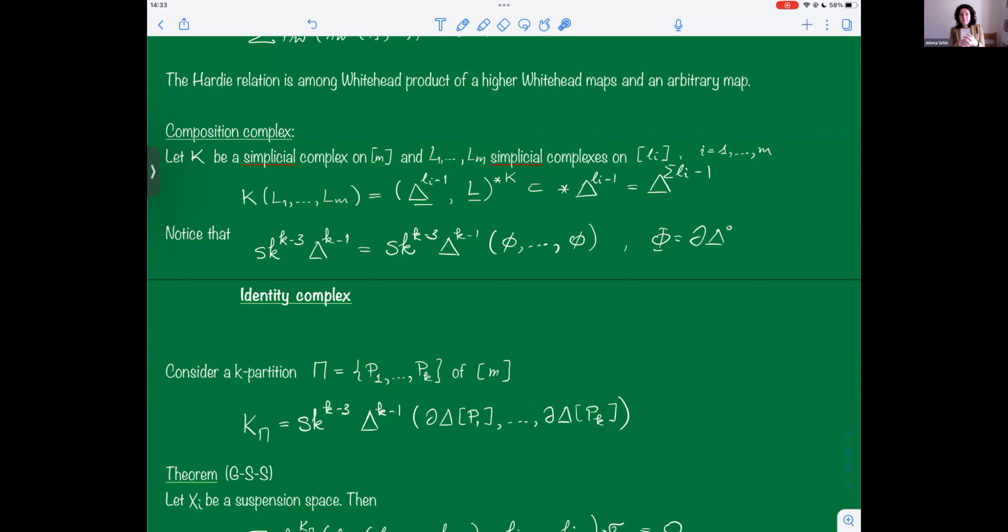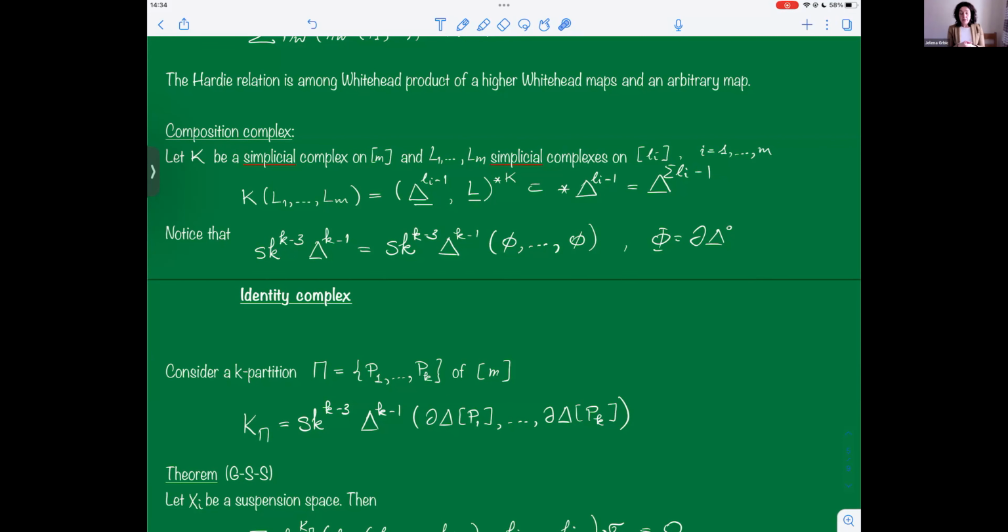So now we have this atomic complex, the smallest, whatever smallest really means in this context, simplicial complex that carries the relation. We have that skeleton, and we can recognize that complex as an example of a composition complex by simply putting all these additional complexes L_1 to L_m as the empty sets.